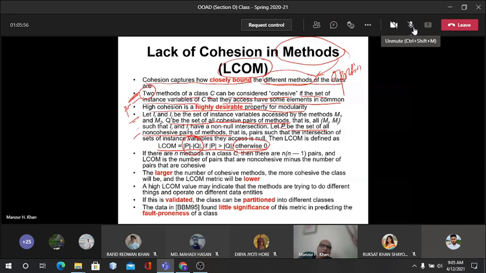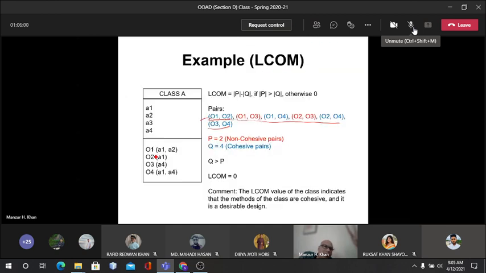So if we focus on O1, O2, look at the method O1. The variables it is using are A1, A2. And look at O2, the variable it is using is A1. So A1 is a common variable. So in this pair, there is a common variable, so it is declared as a cohesive pair.